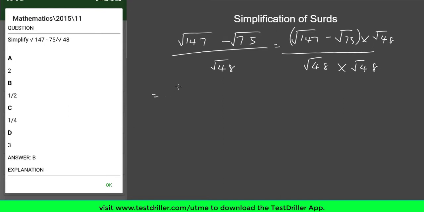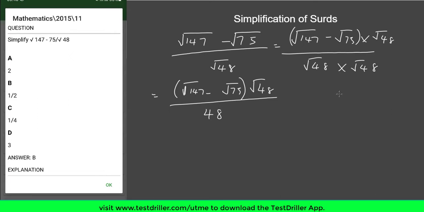So this gives (root 147 minus root 75) into bracket root 48 divided by 48. The next phase of activity is to simplify this whole thing.